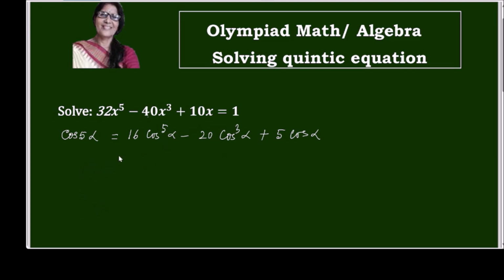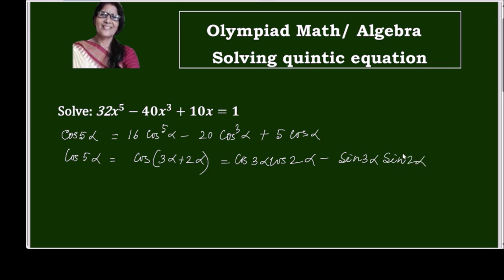Now how to prove this cos 5 alpha is equal to this? It is very easy. You can write cos 5 alpha equals cos of 3 alpha plus 2 alpha. Putting the formula for cos a plus b, it will be cos 3 alpha cos 2 alpha minus sin 3 alpha sin 2 alpha.